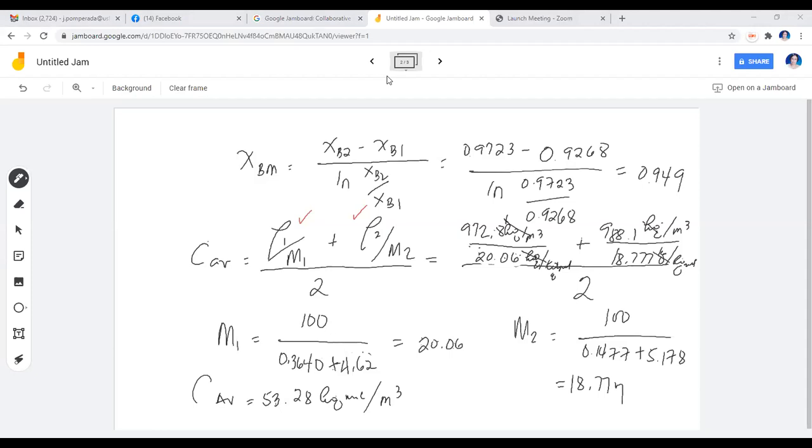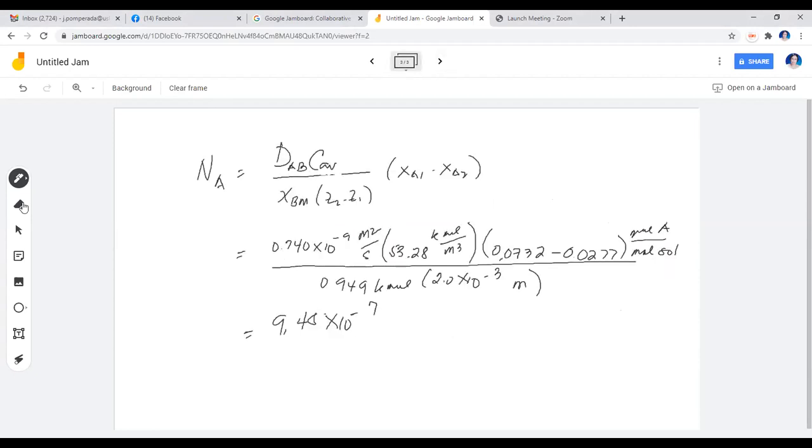Your CAV should only be 50, as what is written in the book. So it should be only 50.56. Then you go back here and change this to 50.56.